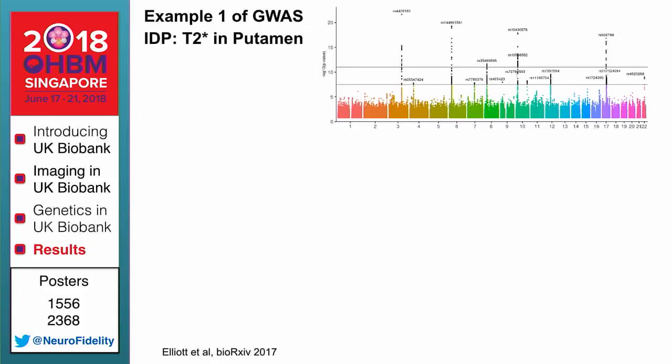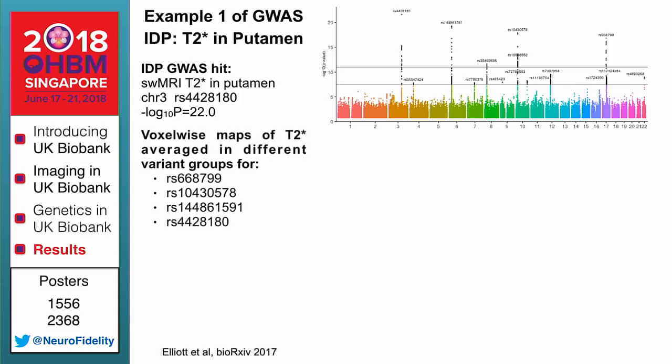Now I'm going to show you 2 examples of some of the clusters that we have found that are significantly associated with some IDPs. In this case, the IDP is the mean intensity of the T2 star image in the putamen. We found that there was a SNP in the 3rd chromosome that had a p-value of 10 to minus 22.